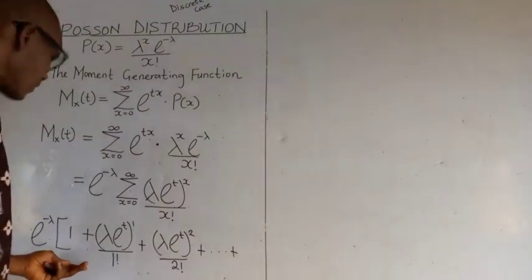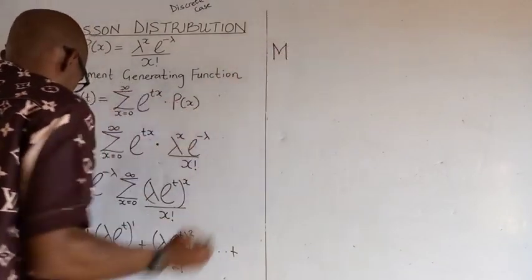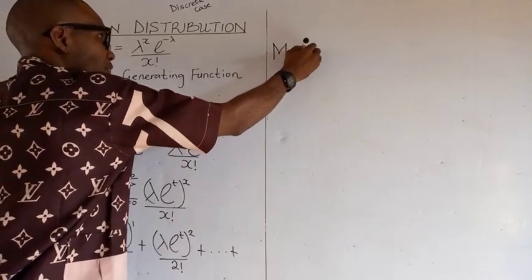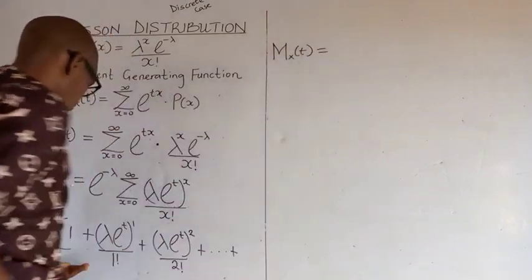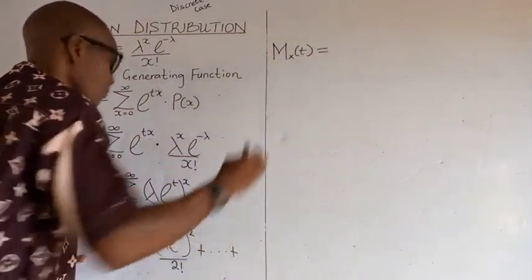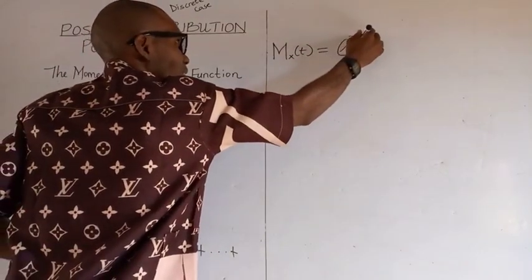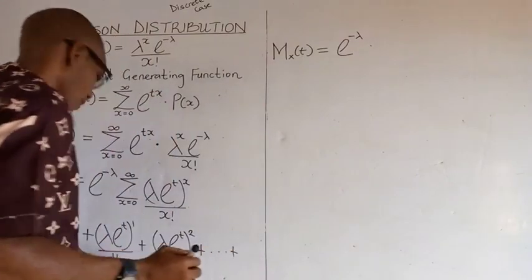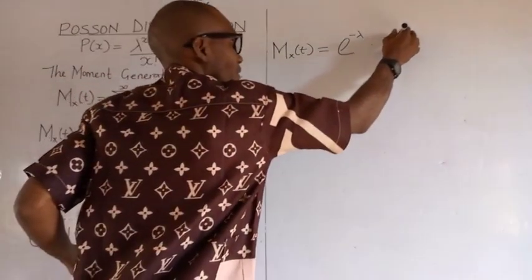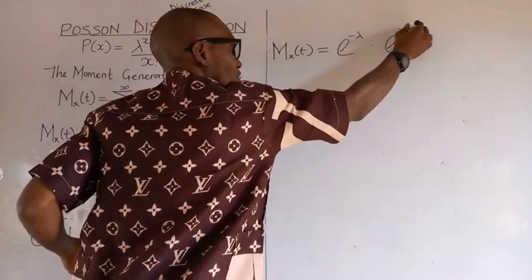If it continues like this, it means that our M_X(t) will be equal to e^(-λ) times e^(λ e^t). If we are multiplying, we'll get something like this, e, which is the exponential function.